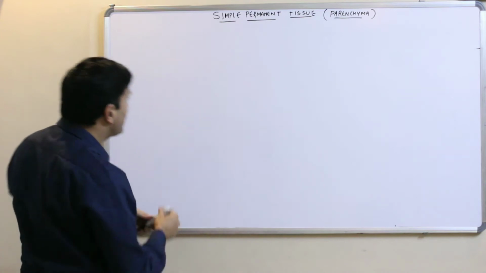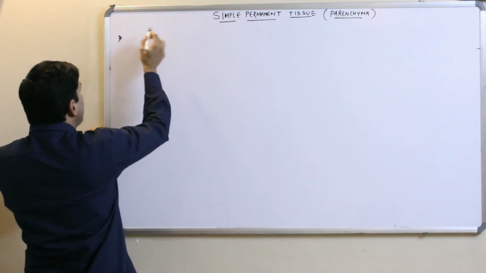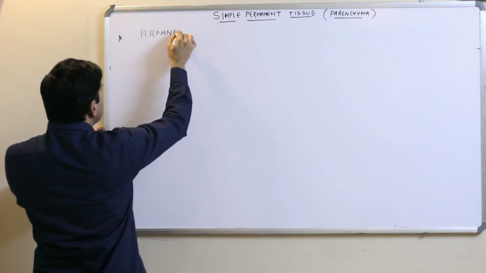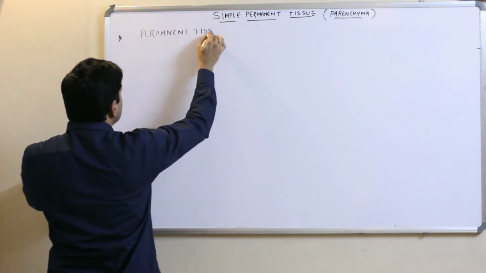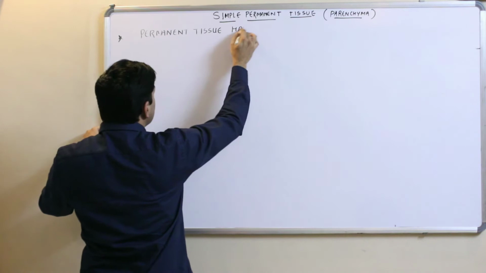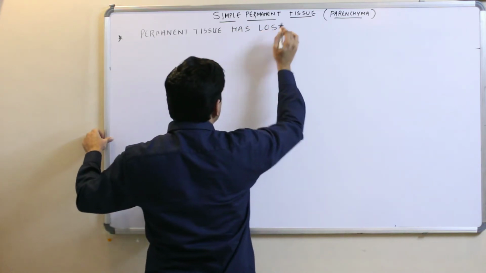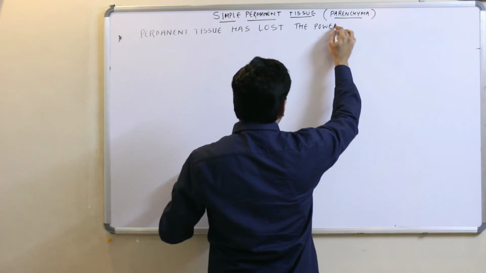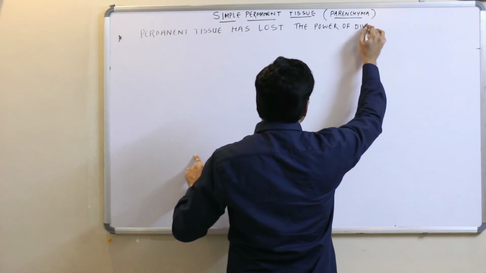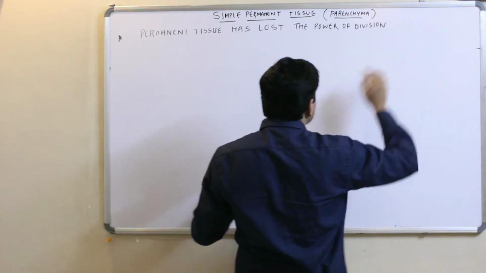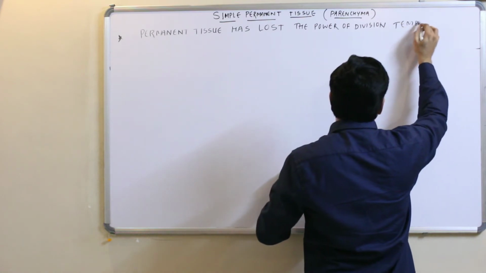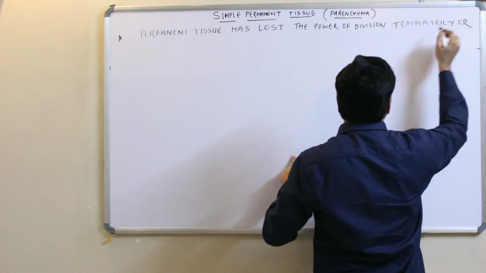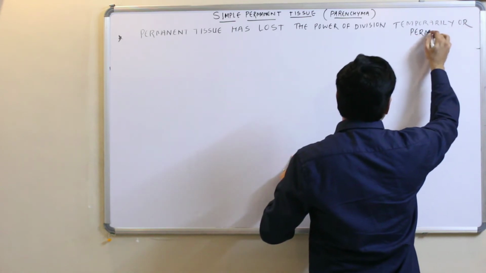Alright. So what we will write is that permanent tissue has lost the power of division, temporarily or permanently.